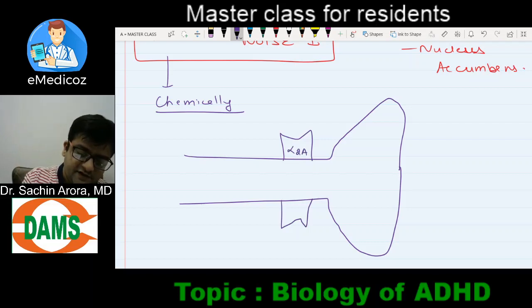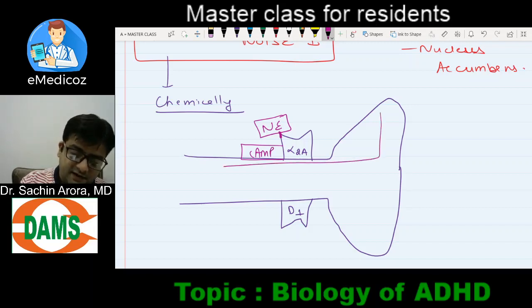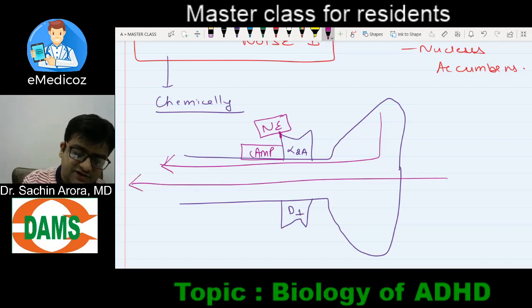This is alpha 2A, this is dopamine. The norepinephrine binds to alpha 2A receptor, which is linked to cyclic AMP. Okay, and this helps in signal transmission through this channel.